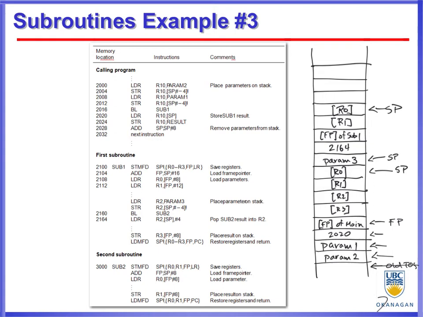Okay, so we've done that. Now we're going to add what's currently in the stack pointer, which is the address of this location. We're going to add 8 to that, so that gives us the address of this location. We're going to put that into the frame pointer. So now our frame pointer is pointing here, not here anymore.